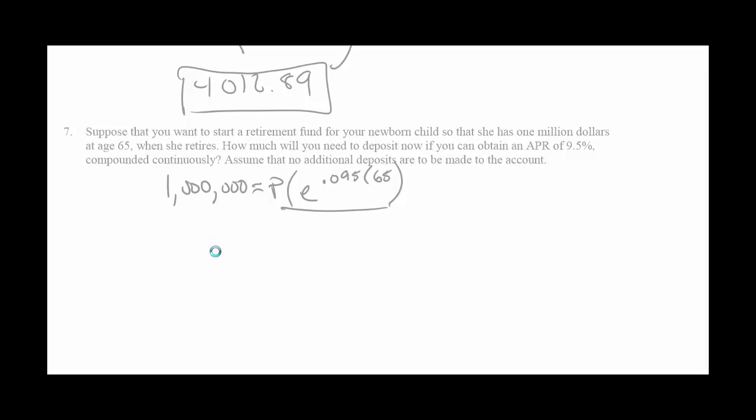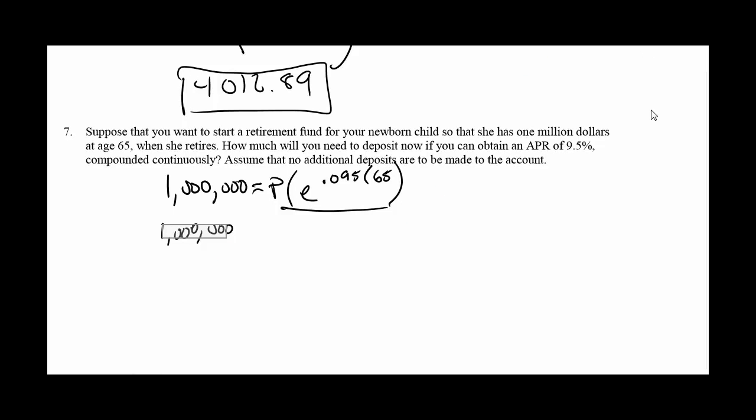Okay, bear with. My program is acting all glitchy. Okay, so we got 1 million equals P times, and that piece equals about 480.58. And then to solve for P, I just divide the two numbers.